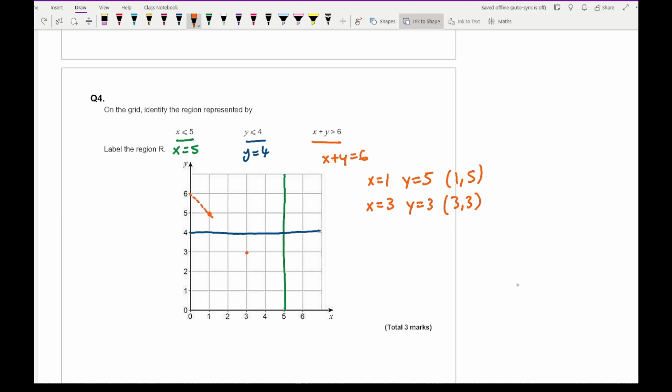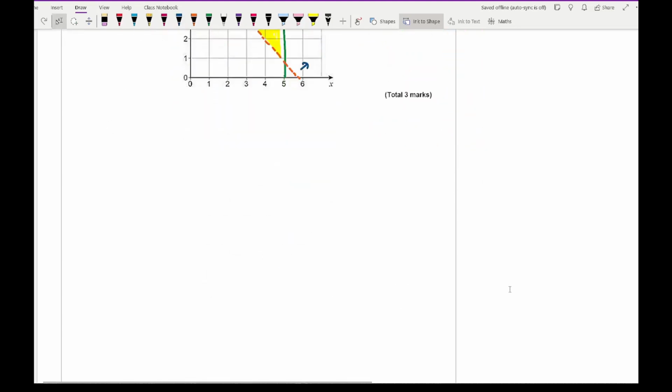If I connect those points up, the region that we need to highlight is going to be this region here, this triangle, labeled R. The reason for that is, from the green line, I want it to the left, for the blue line, I want it below, and for the orange line, I need it above. And so there is my region R.